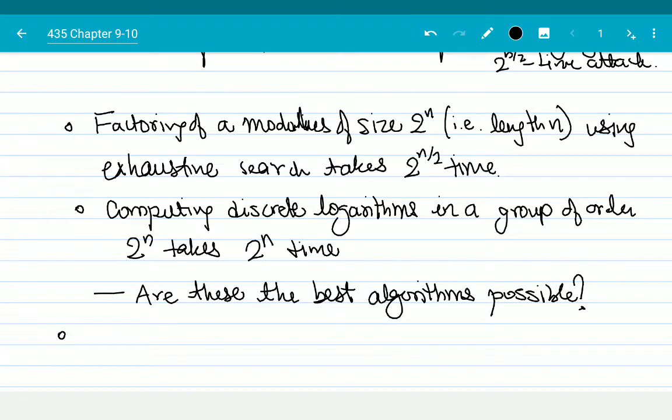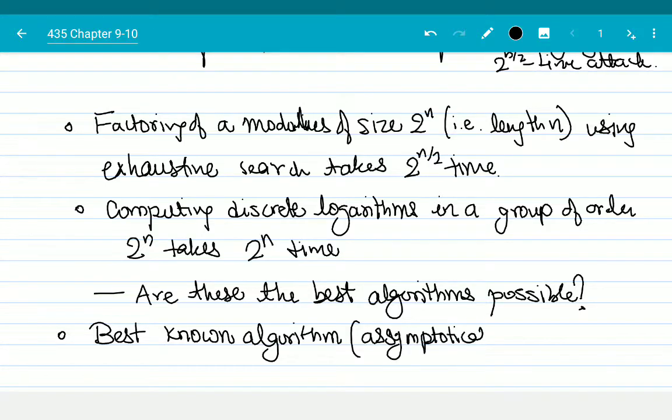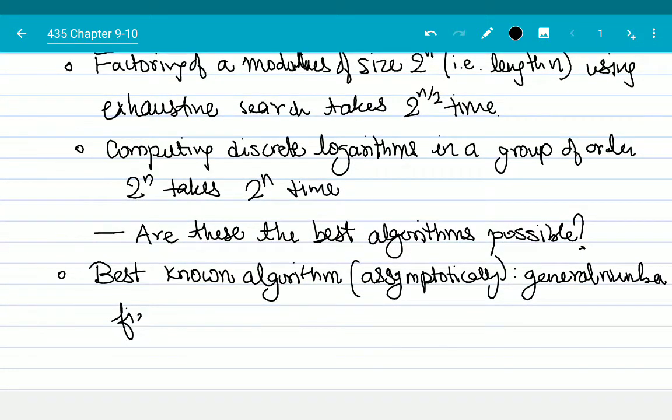For example, the best known factoring algorithm, asymptotically, the general number field sieve, takes the time, well, order of n, where n is of the size 2 to the n.